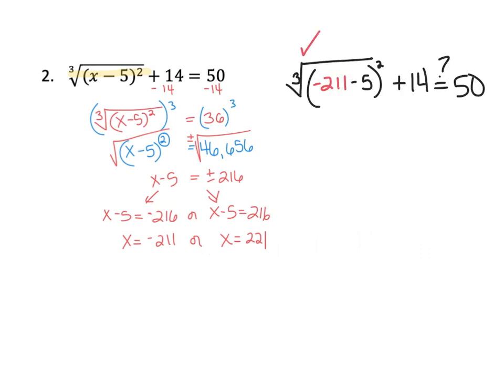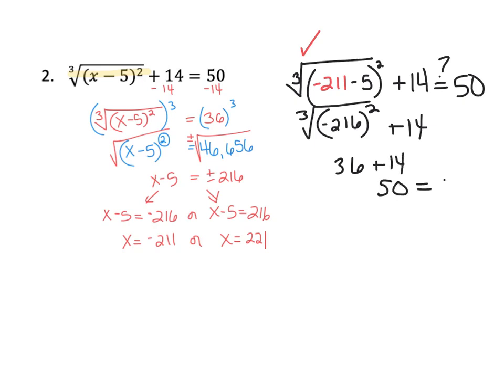So as I check this, I get negative 216. I square that, and then the cube root gives me, let's see, this is 36 plus 14 equals 50. 50 equals 50. So negative 211 works.